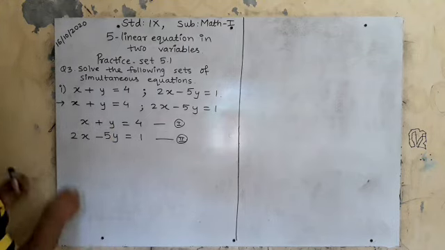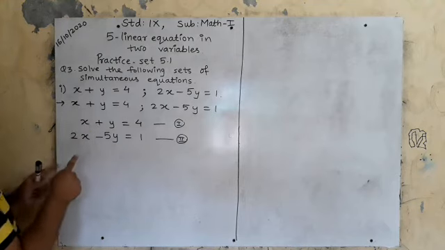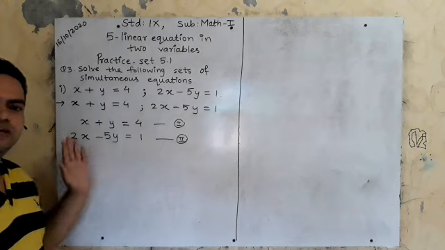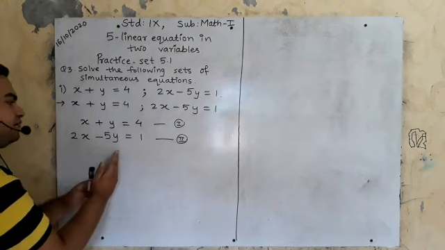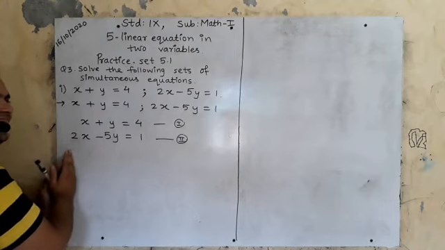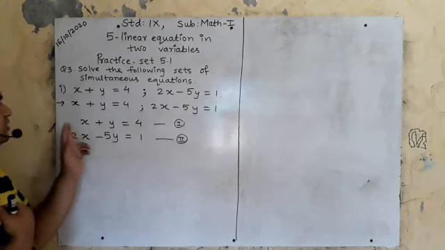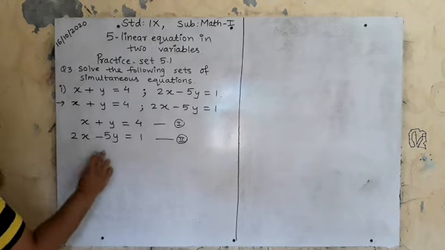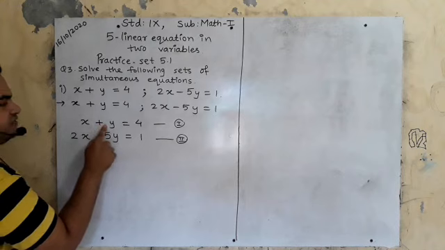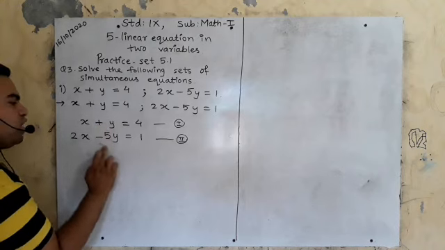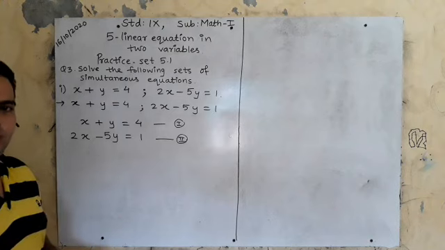But in some conditions, if you directly get 2x, you can cut x as well. It is not compulsory that you will cut only y. You can eliminate x also. But what I focus on: in this condition both the coefficients are different, here 2 is not there, here 5 is not there, so I will make the y coefficients equal to eliminate y.